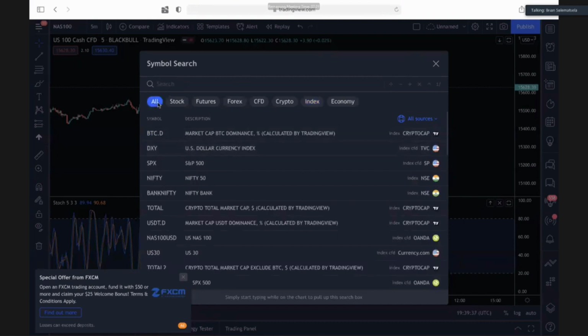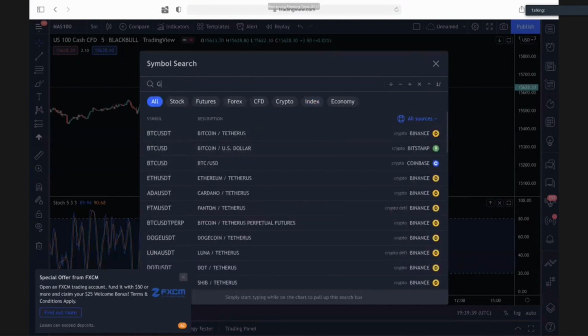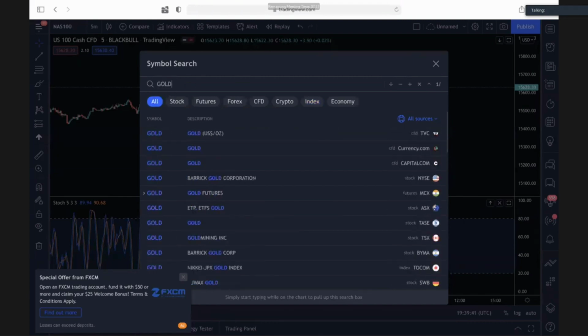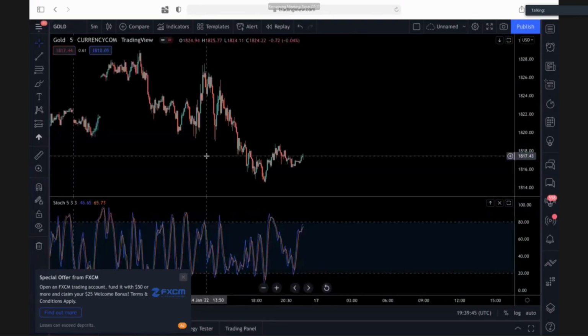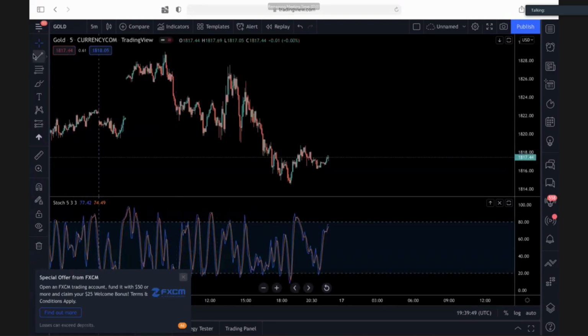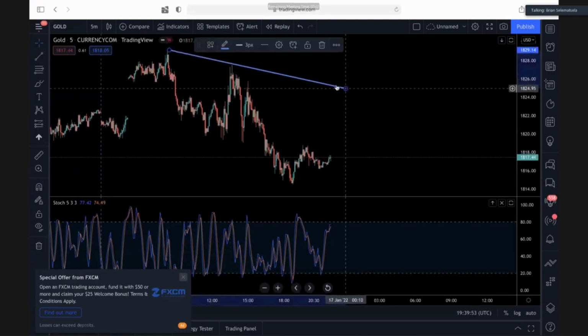So, gold. This is a clear formation of a structure here.